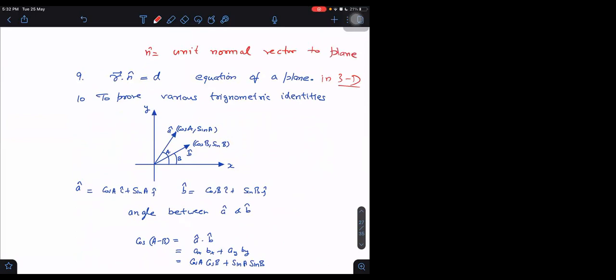And d is the perpendicular distance of the plane from the origin.